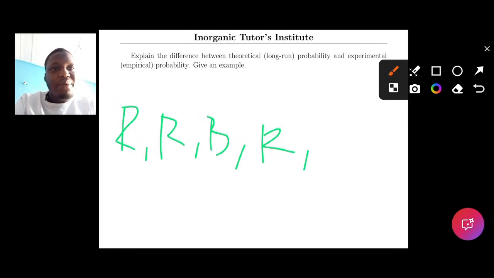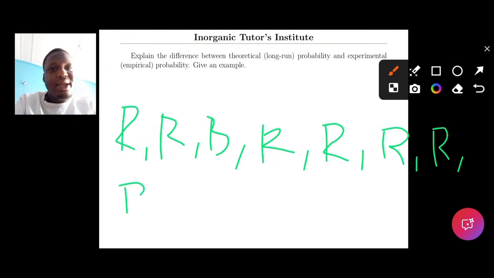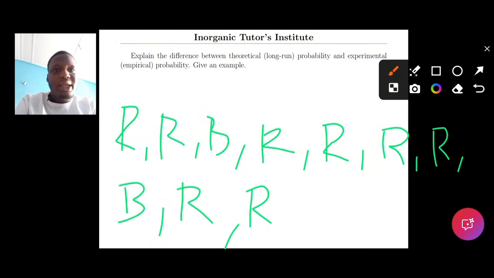They are all at random. I get another red, another red, another red, a black, a red. I want to pick 10: 1, 2, 3, 4, 5, 6, 7, 8, 9. And the last one is, say, red again. Now they ask you, what is the probability of selecting a red?